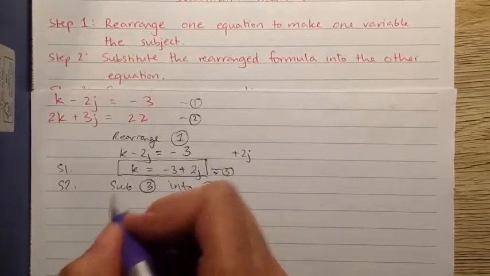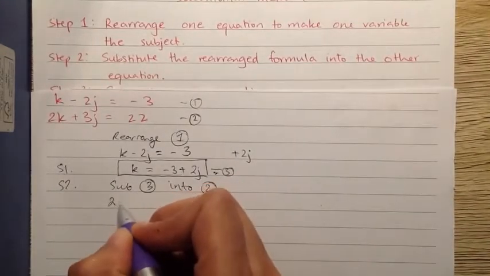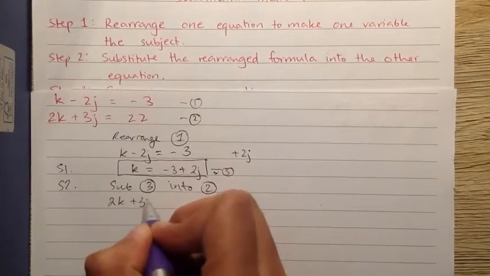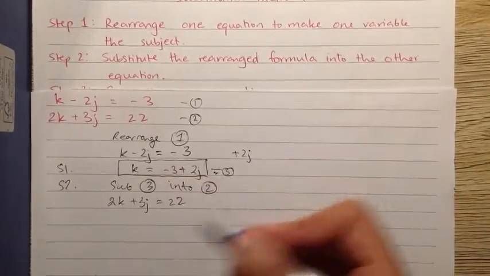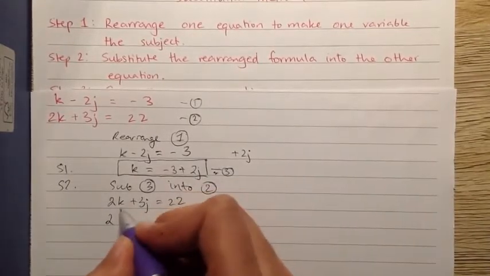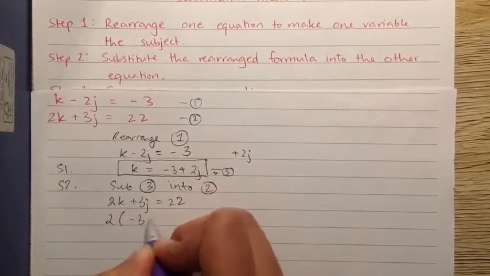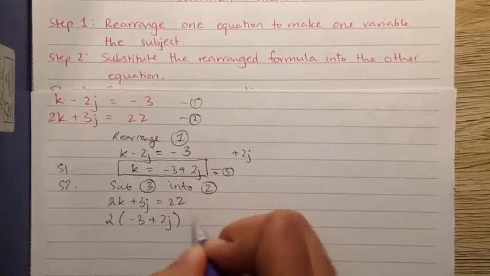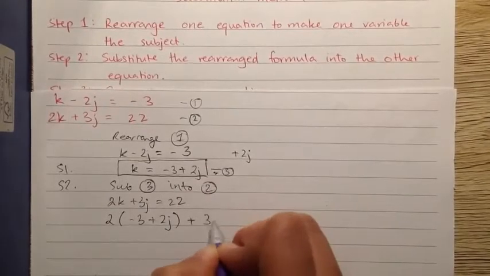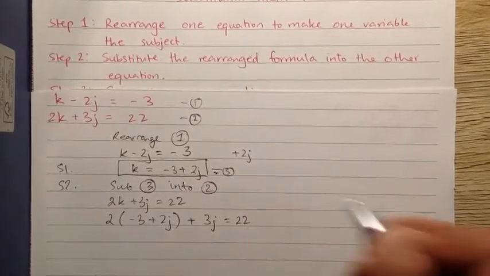So 2k plus 3j equals 22 becomes, k gets swapped with this, so we have negative 3 plus 2j plus 3j equals 22.